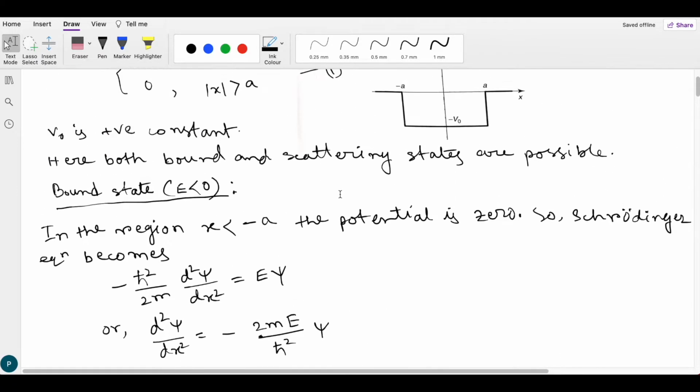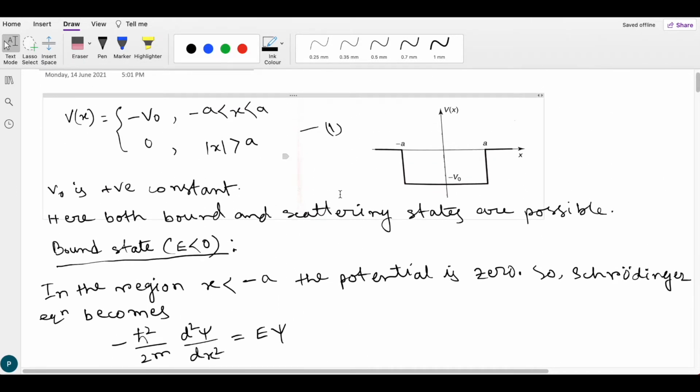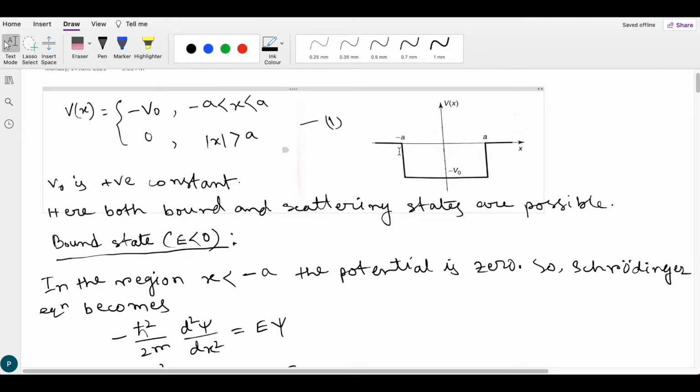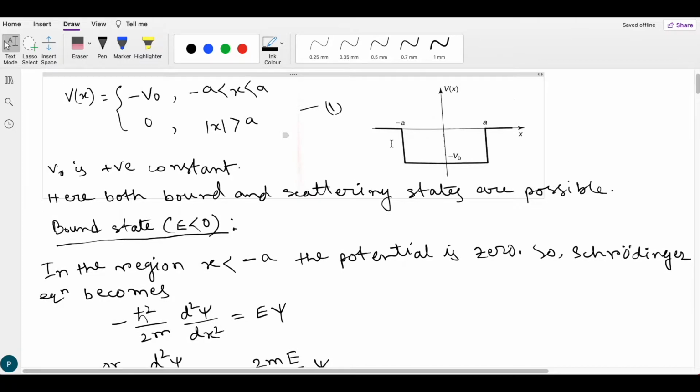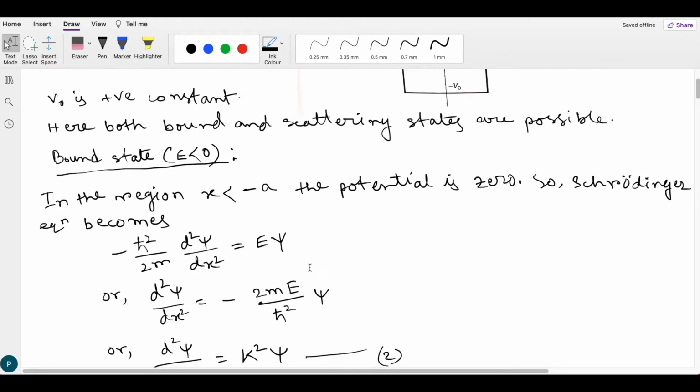In the region x less than minus a, the region to the left of the point minus a, the potential is 0, as you can see from the graphical representation. So the Schrodinger equation becomes minus h bar squared by 2m d2 psi by dx squared equals E psi.